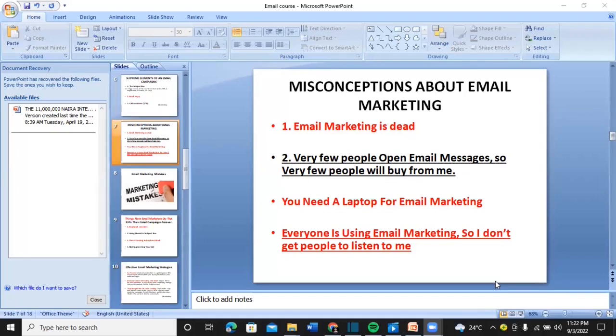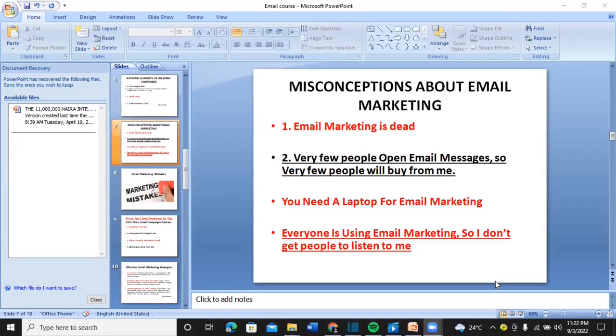Next, consider if, for the last 2 years or for the last 1 year, you have considered buying something because a message was sent to you via email.